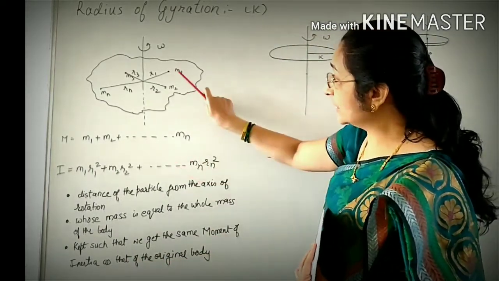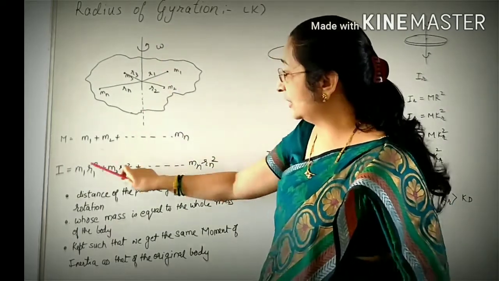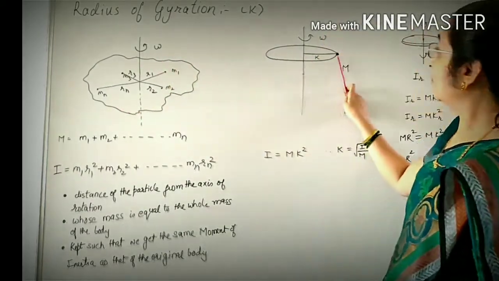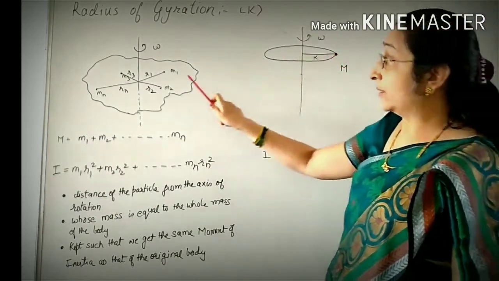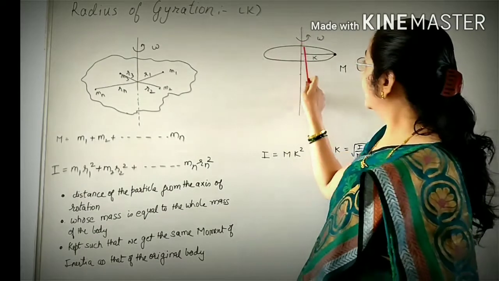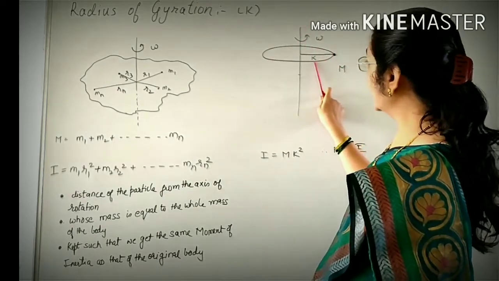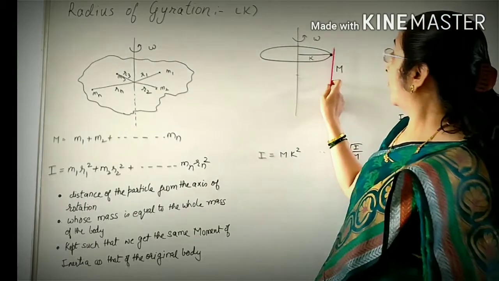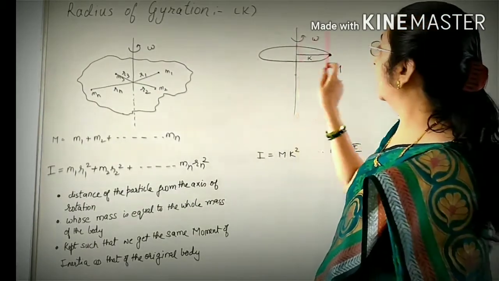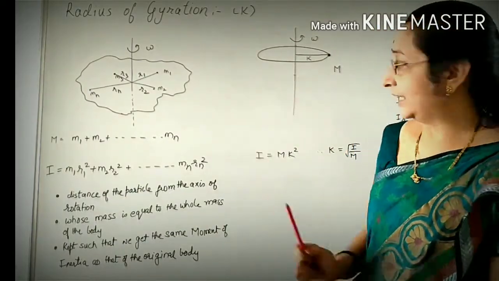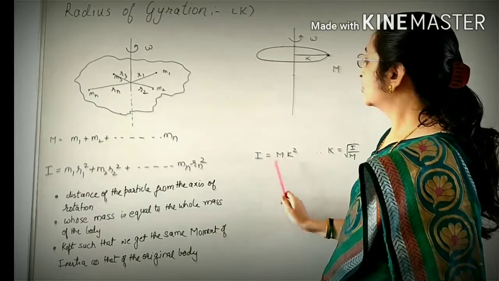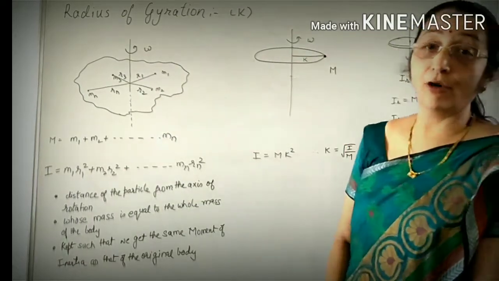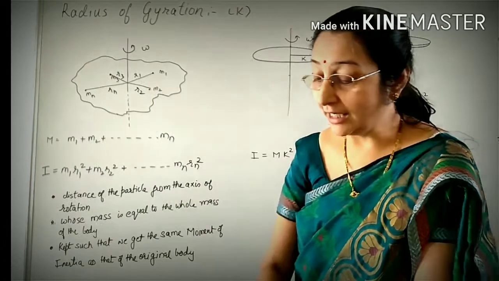So the moment of inertia of this body about this axis of rotation is I. When instead of this body we take one particle, a point body, of mass m at a distance k from the axis of rotation, and this point mass m is rotating about this axis, we get the same moment of inertia I. So both are the same. Such a distance from the axis of rotation is called the radius of gyration.